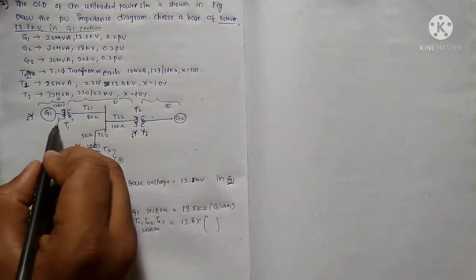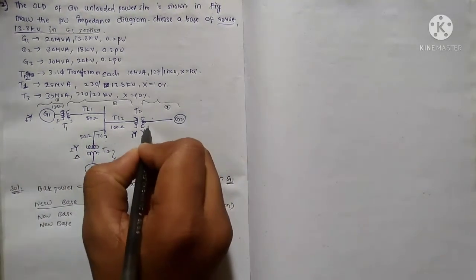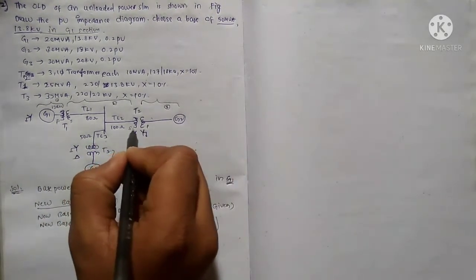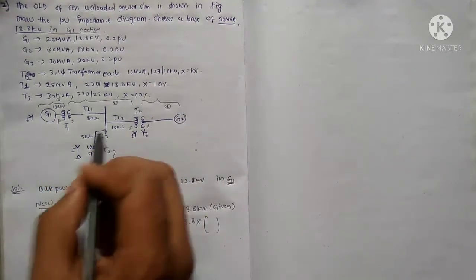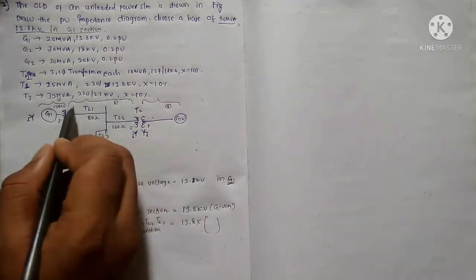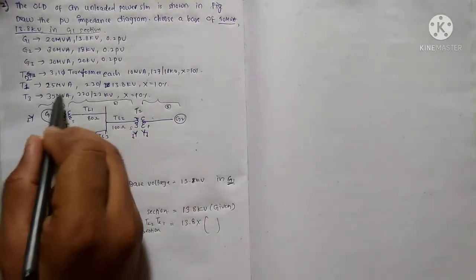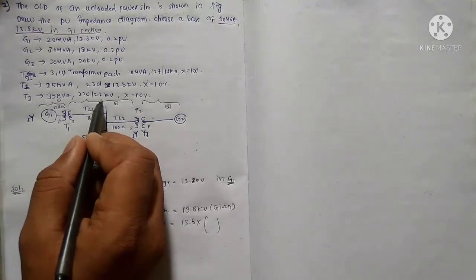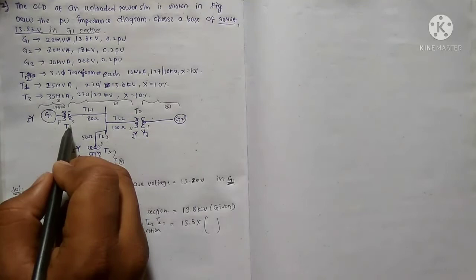Remember, generators are already connected to the primary of transformers. Similarly for this also, this becomes primary, this secondary. We are calculating this section voltage, moving from generator 1 to the transmission line section. This implies primary to secondary.